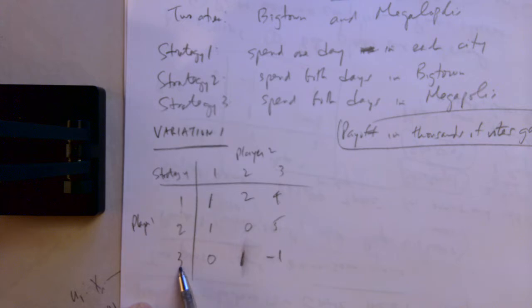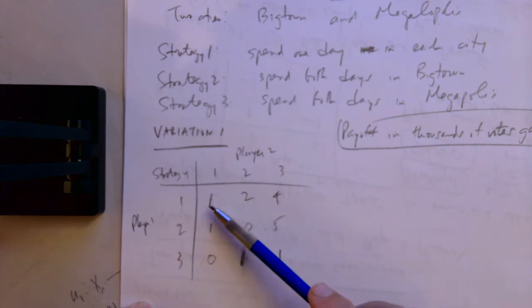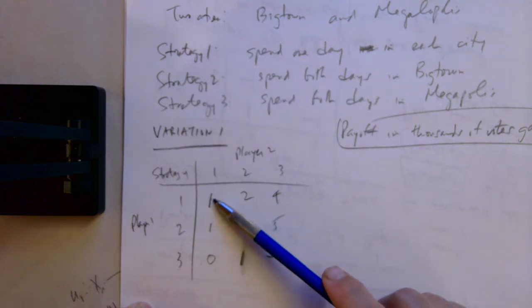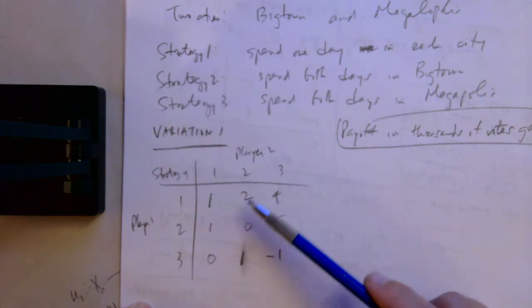If player 1 were to choose strategy 3, the numbers would be 0, 1, and minus 1. So in each case, no matter what player 2 does, player 1 does better choosing strategy 1 compared to strategy 3. Because in each choice of player 2's strategy, player 1 either wins 1 or it's a tie.